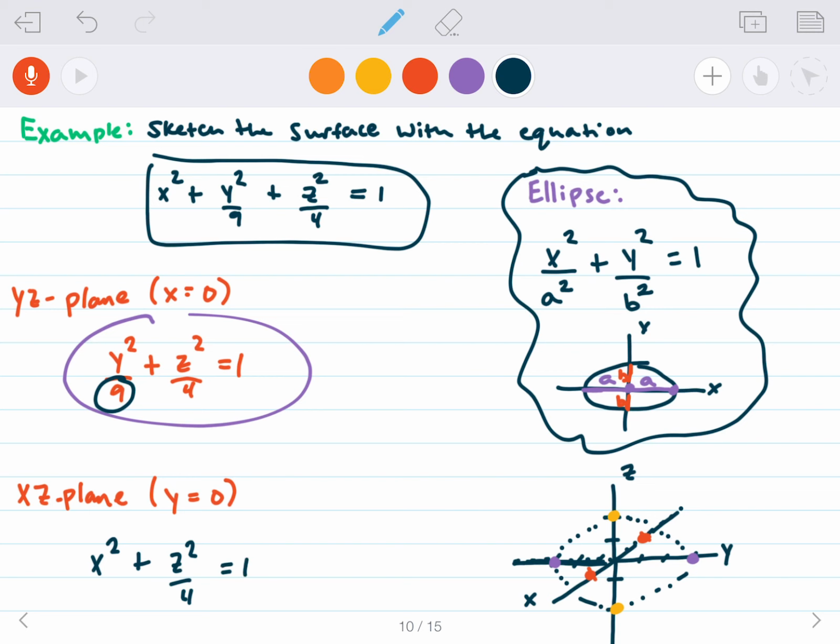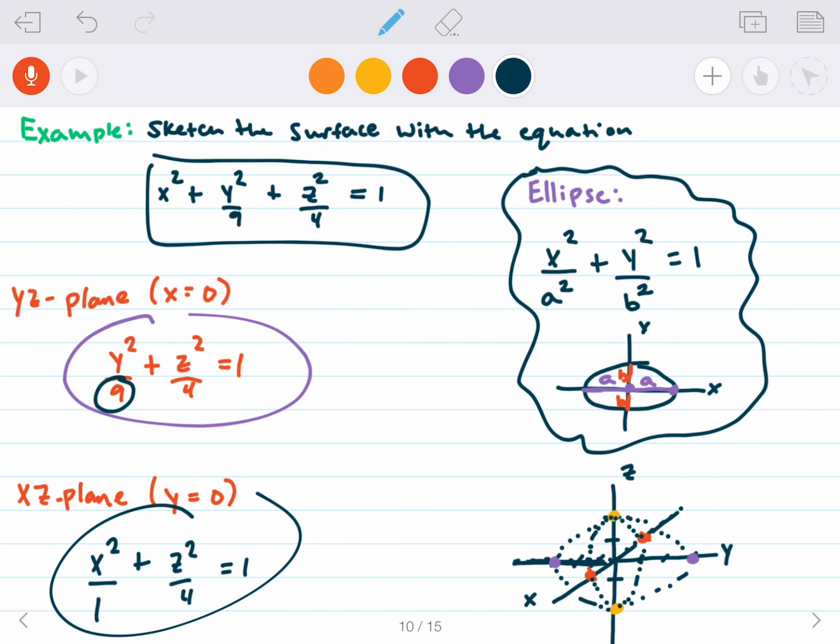And notice that x squared is understood to be over a 1. So again, we have an ellipse. Compare these formulas. So let's go ahead and trace that out in the XZ plane. So that's going to be kind of like this. In the XZ plane. So there is my ellipse right there.